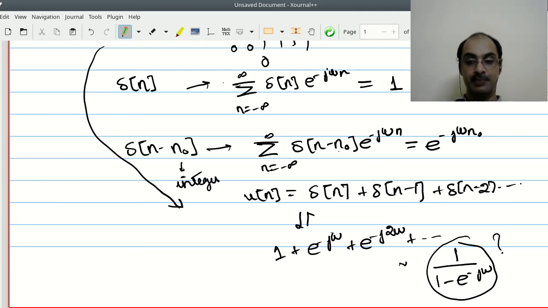This summation is valid only when the mod of e power minus j omega is less than 1, which it isn't. The summation of a geometric progression can be done only when the absolute value of the ratio is less than 1. That unfortunately isn't the case, so you can't do this.